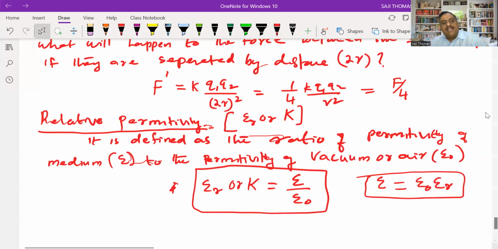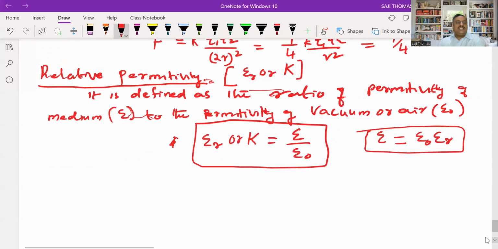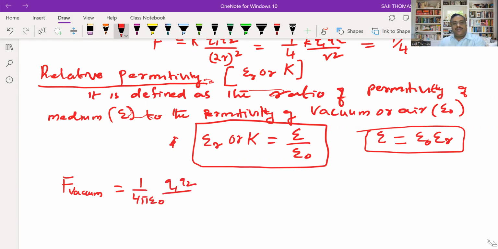We can define relative permittivity in terms of forces also. When the charges are placed in vacuum, what is the force between the charges? F vacuum equals K Q1 Q2 by R square, where K you have to write as 1 by 4 pi epsilon 0, Q1 Q2 by R square.